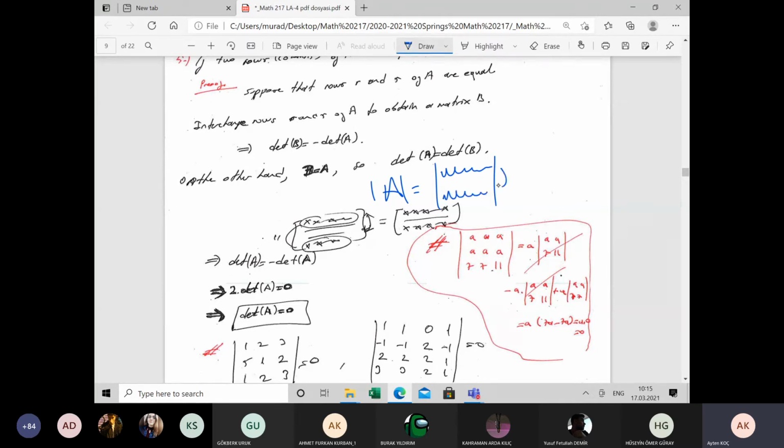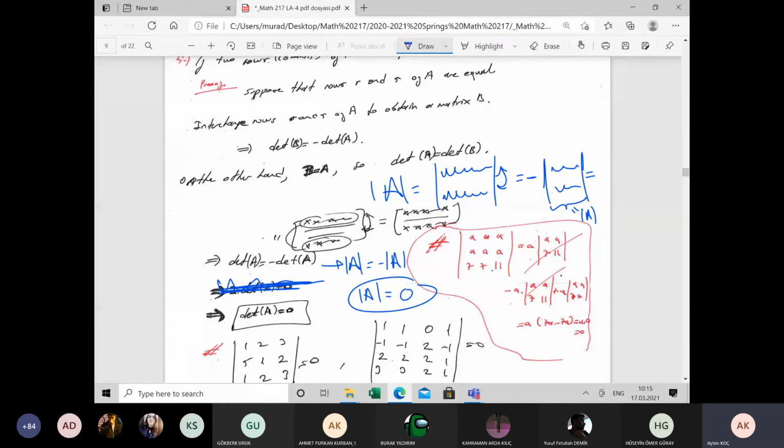When we interchange, using the previous property, we multiply by -1, but the determinant is equal to the determinant of A because it is the same. So the determinant of A is minus the determinant of A, so this real number should be 0.